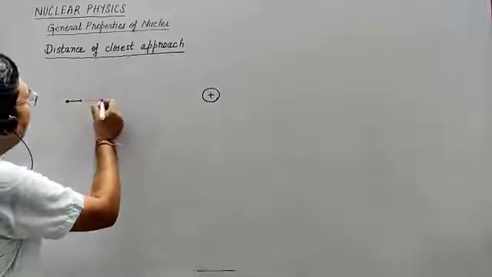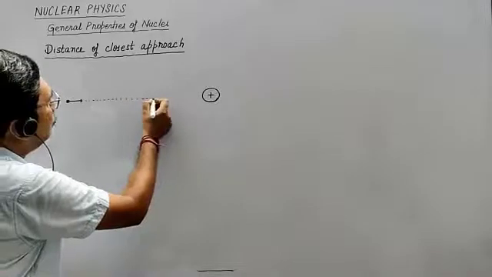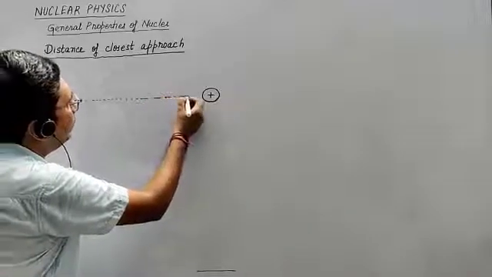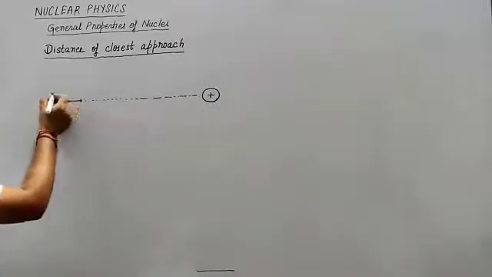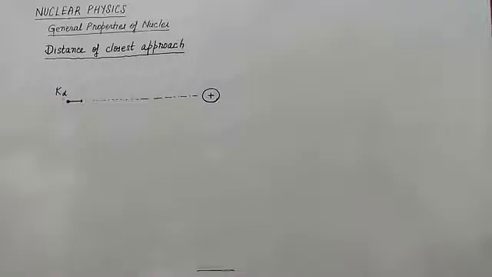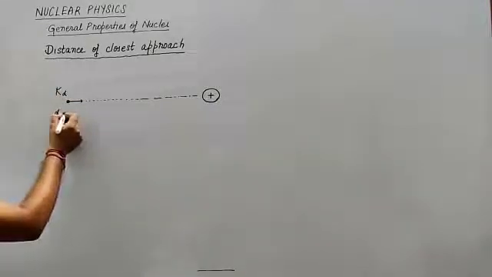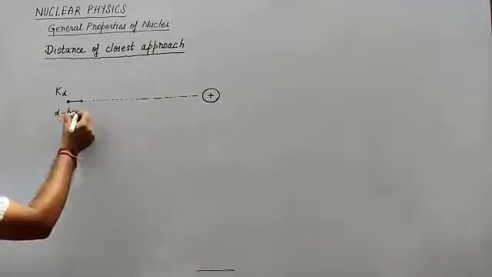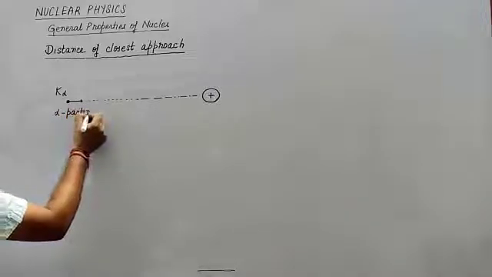So basically an alpha particle is moving towards the nuclei, and we assume that the kinetic energy of this alpha particle is, suppose, K alpha.